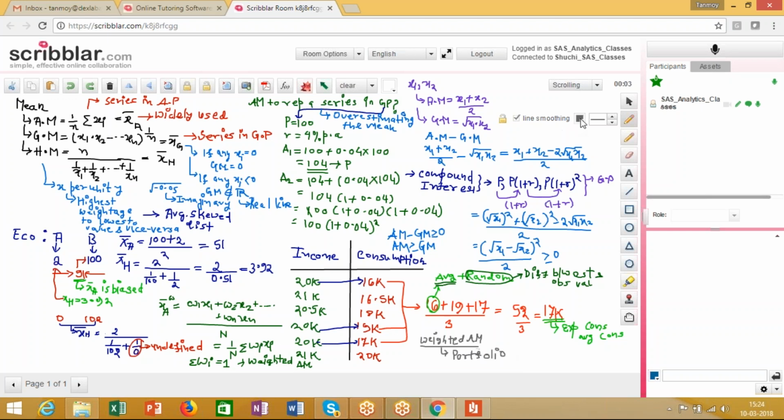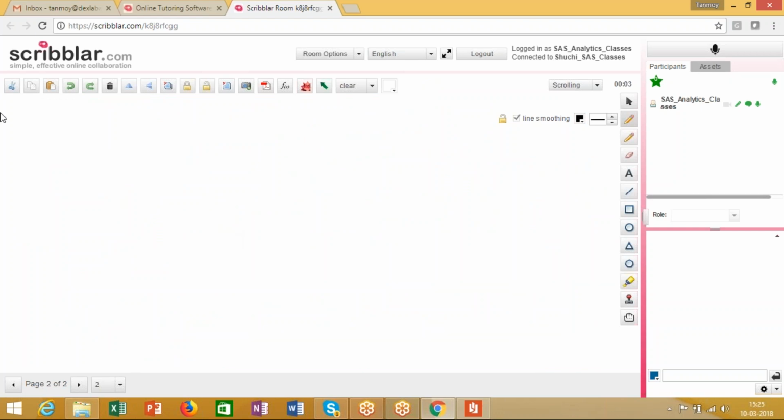A portfolio is nothing but a collection of loans. Say for example, there are n loans which have been given out in that particular portfolio.